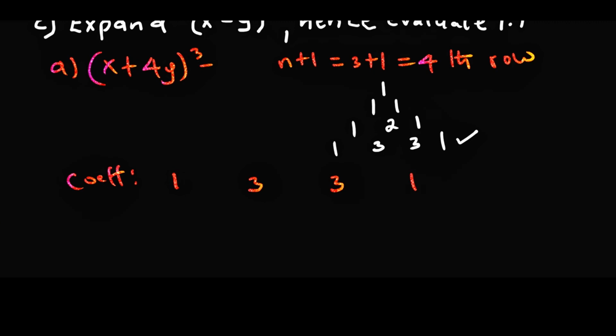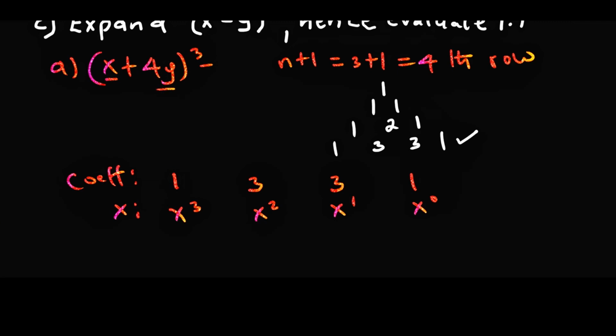The next thing is to observe how the powers of A change across the expansion. In our case, A is x. So the powers of A normally decrease from n to 0. So it means you're going to have x power 3, x power 2, x power 1, and x power 0. Then you also look at how the powers of B change across the expansion.